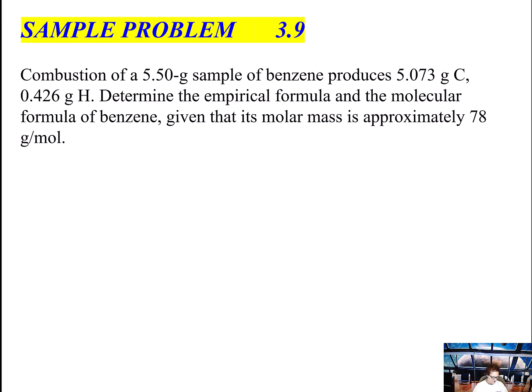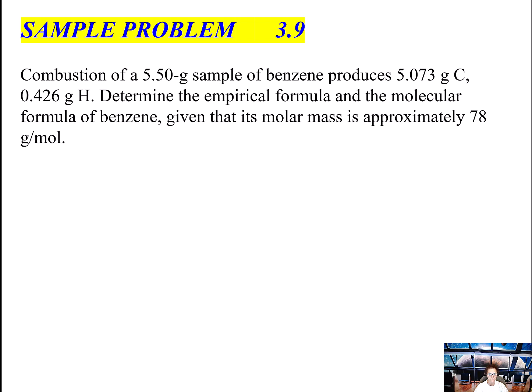So combustion of a 5.50 gram sample of benzene, you don't have to know what that is, okay, produces 5.073 grams of carbon, 0.426 grams of hydrogen. So that's all it's got in it, is carbon and hydrogen.